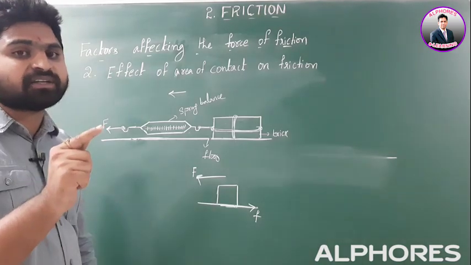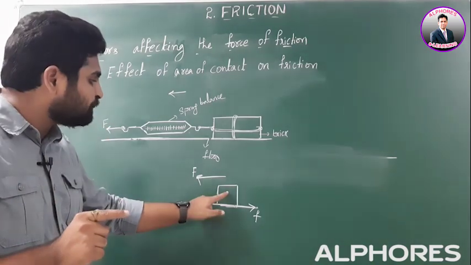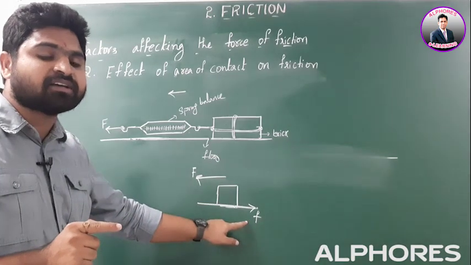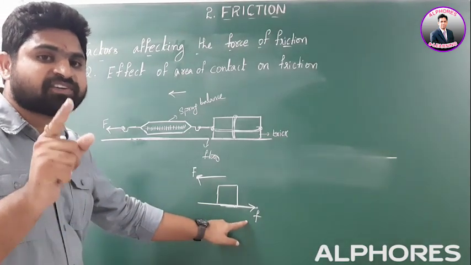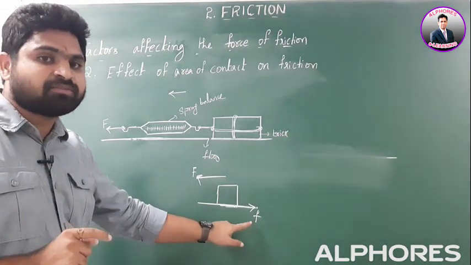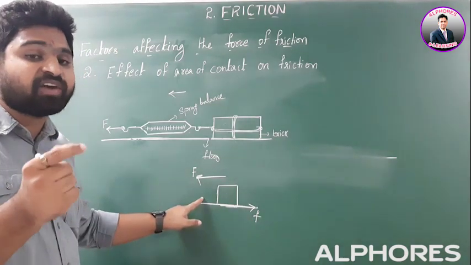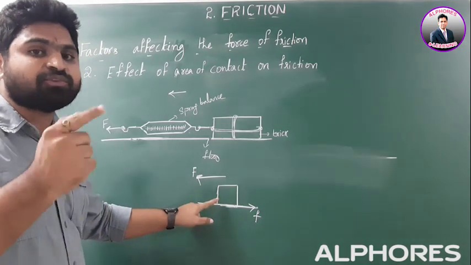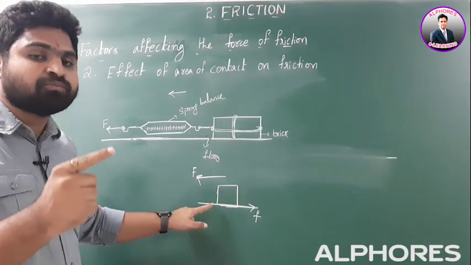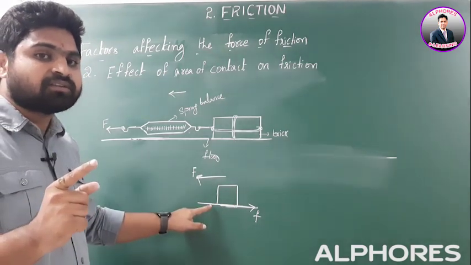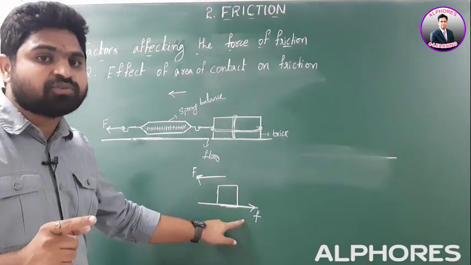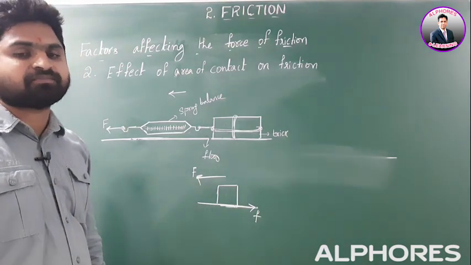At that point the frictional force between the brick and the floor is called maximum static friction. That maximum static friction is equal to the applied force, when the brick is ready to move.